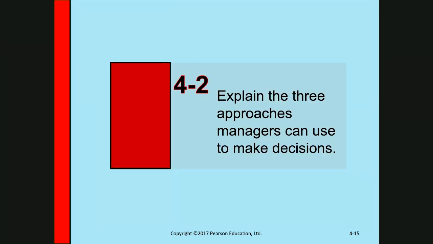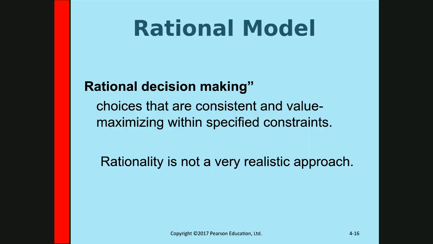Next, we are going to talk about the three approaches managers can use to make decisions. Let us take a look at the first one. The first one is called rational decision making. Make a guess, what is the rational decision making process?